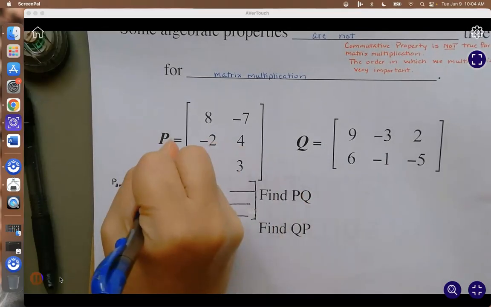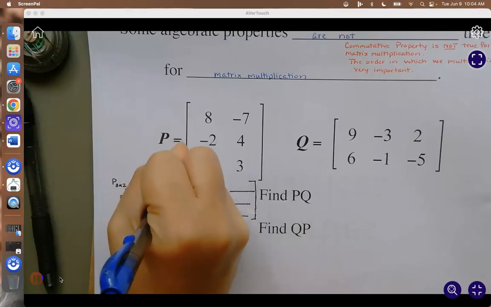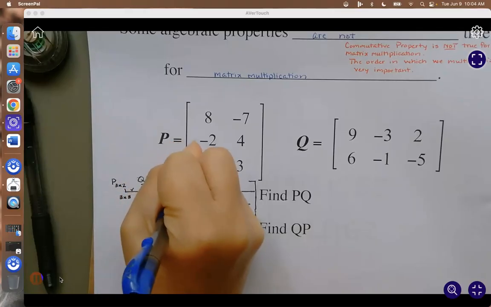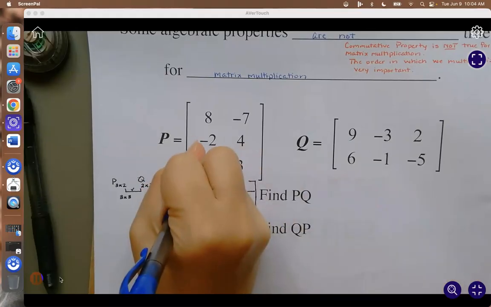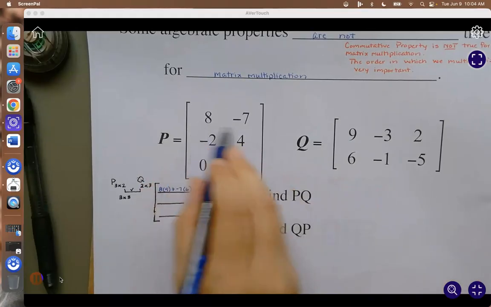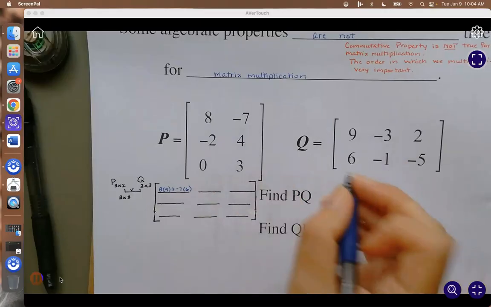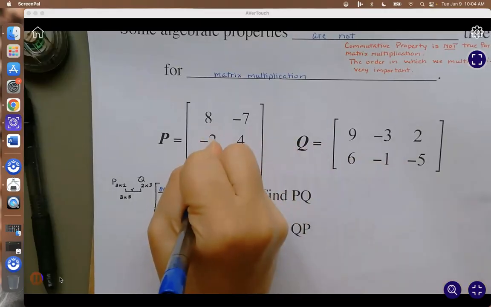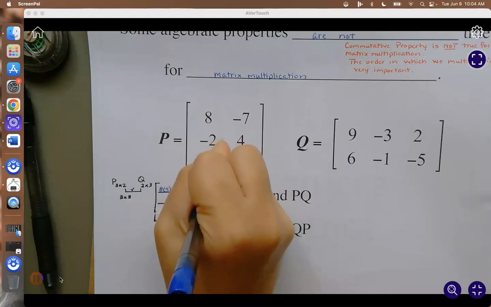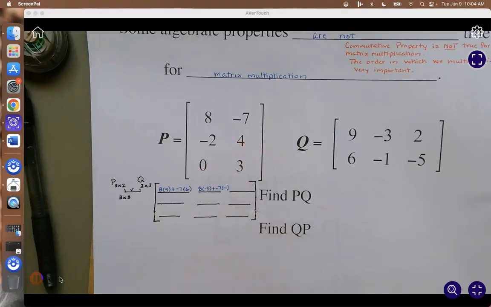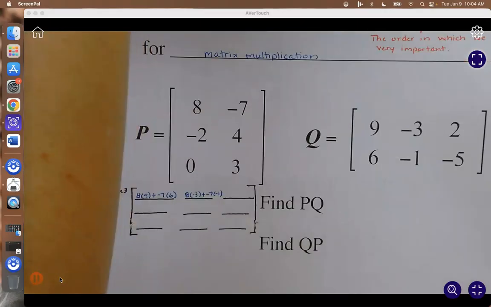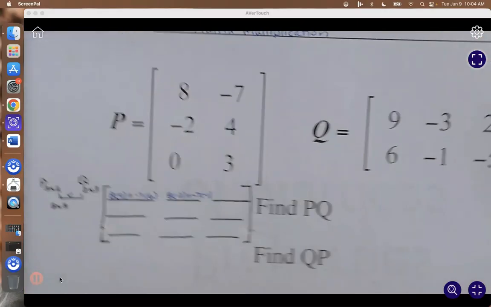Okay, so remember we're going to do row 1 times column 1. So we do 8 times 9 plus -7 times 6. Then row 1 times column 2. So 8 times -3 plus -7 times -1. I'm sorry, these are kind of small. Let's see if I can zoom in. There we go.